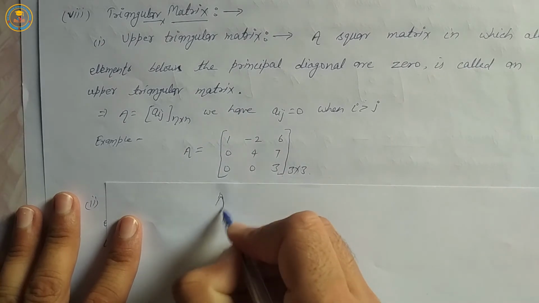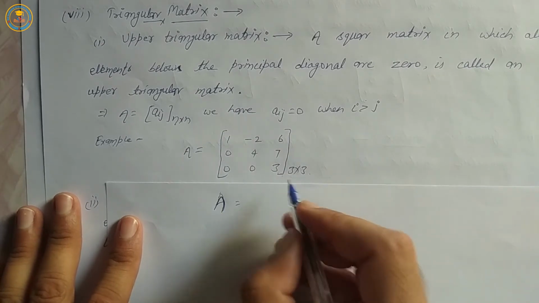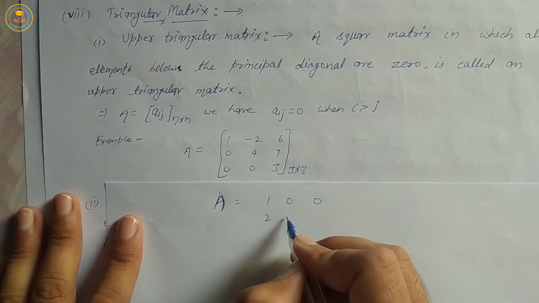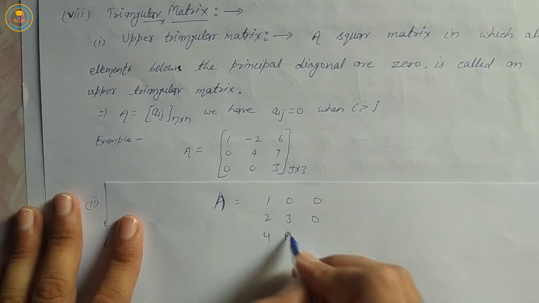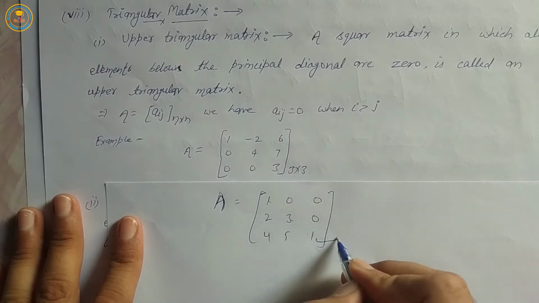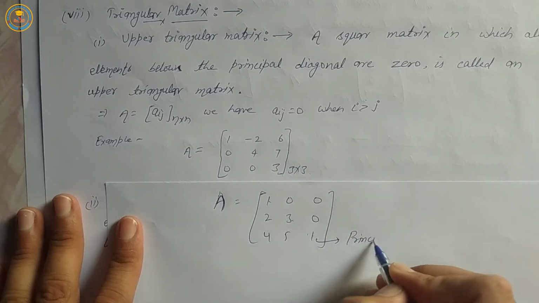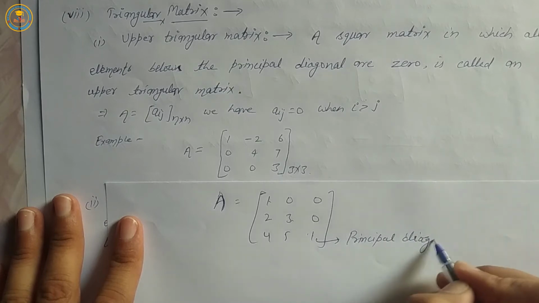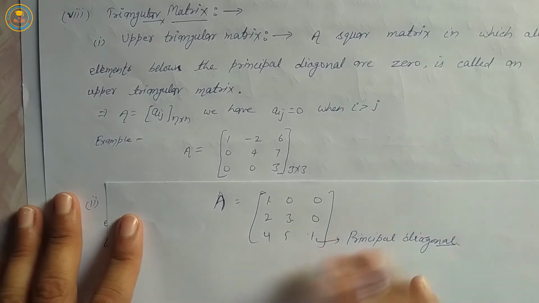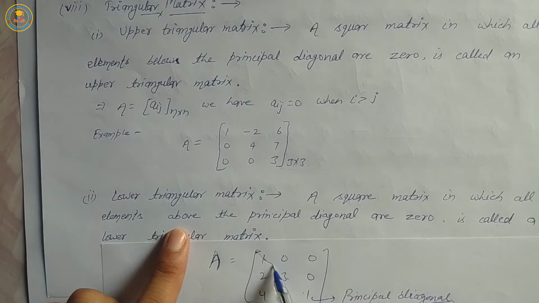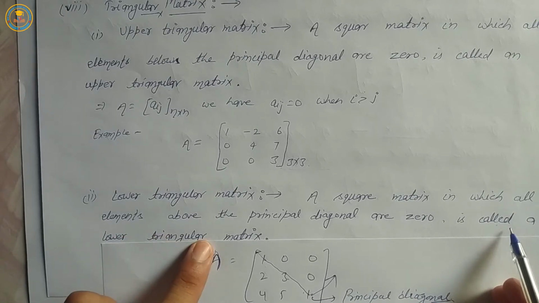A is equal to 1, 0, 0, 2, 3, 0, 4, 5, 1. The principal diagonal is 1, 3, 1. Definition: above the principal diagonal are 0 is called a lower triangular matrix.